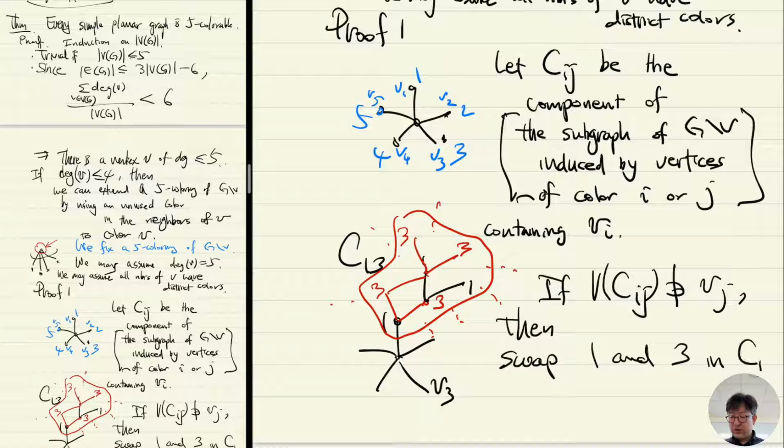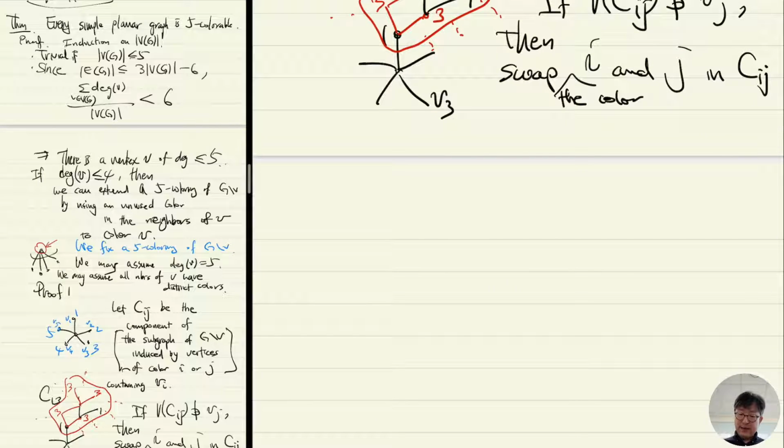So swap I and J in Cij. Then we have a new coloring.